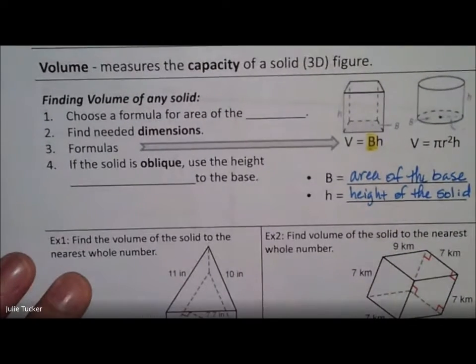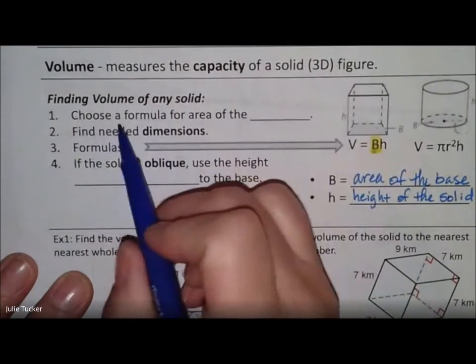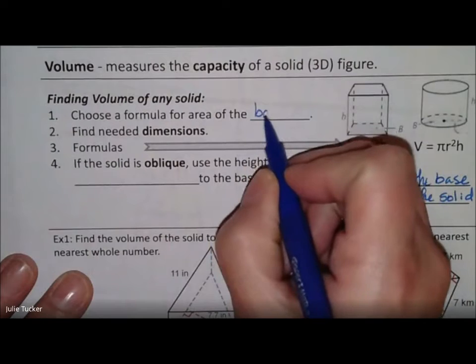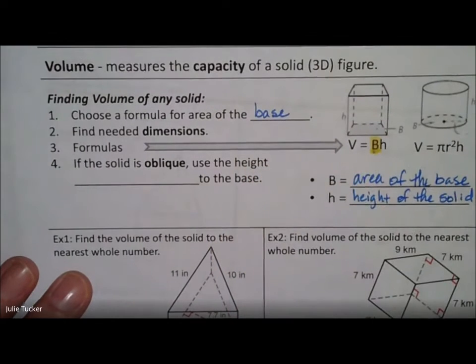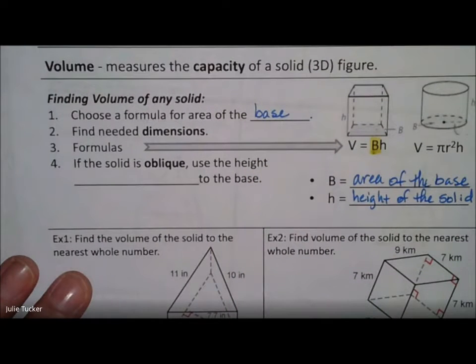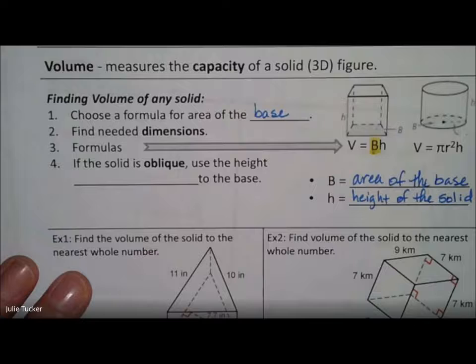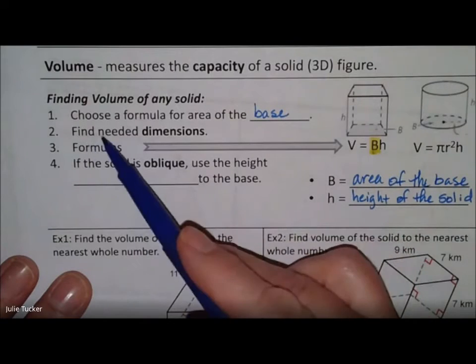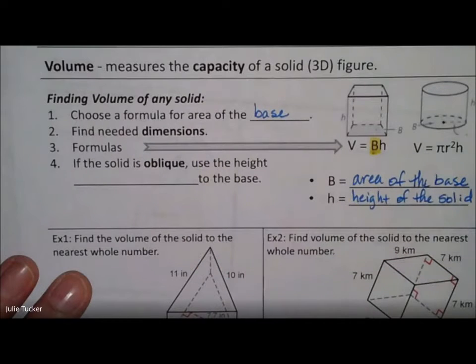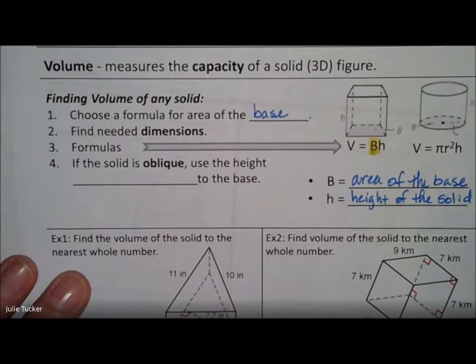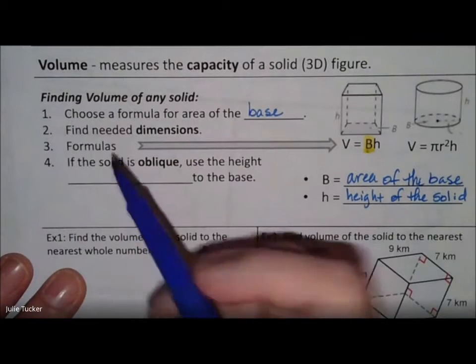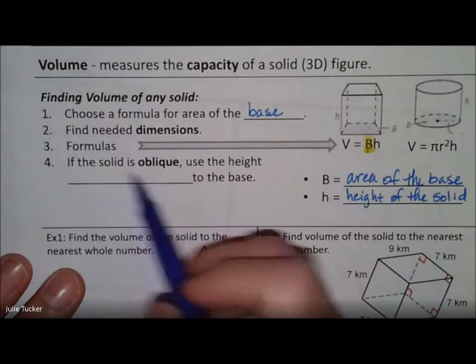So what these notes over here to the side say is: choose a formula for the area of the base. Basically, you have to look at it and decide what the shape of the base is and use an area formula for that shape. Find needed dimensions. So that's basically like what if there's a missing number that you have to figure out. And then those are formulas.